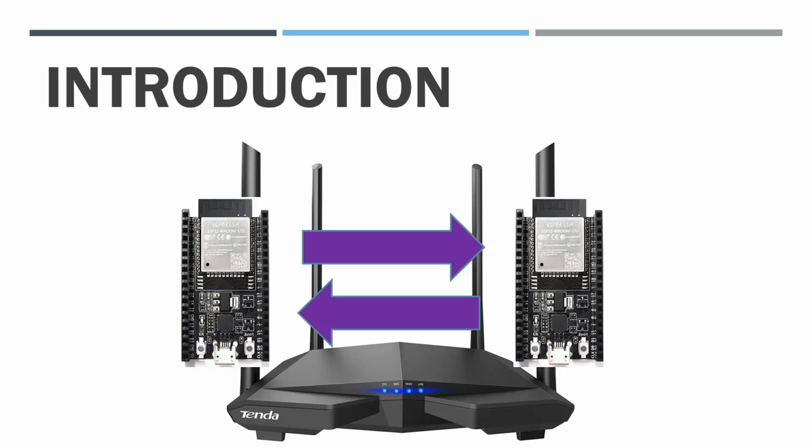So this UDP communication takes place between two ESP32s or ESP8266s when they both are connected to a router. Initially I was trying to use ESP-NOW, but the problem with ESP-NOW is that you need to have line of sight.